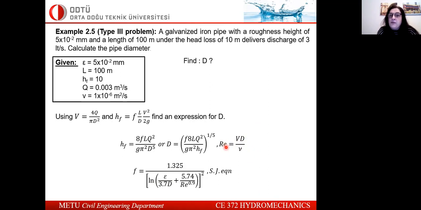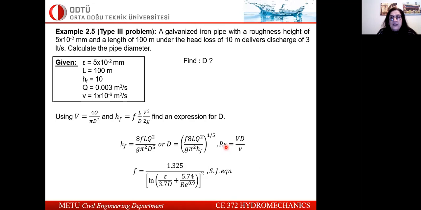In fact, in type 2 problems, we calculated epsilon over d, and at the very beginning we said, okay, I'm going to assume hydraulically rough flow. Hence, with that epsilon over d only, we calculated the corresponding F. But here, as diameter is unknown, we not only can't calculate Reynolds, but also epsilon over d ratio.